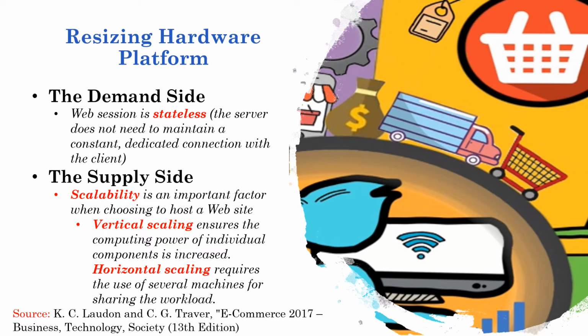On the supply side, it pertains to scalability, which is an important factor when choosing a host for a website. Scalability refers to a site's ability to increase in size as demand requires. There are three steps you can take to satisfy the site's service demands: scale the hardware vertically, scale the hardware horizontally, and or improve the site processing architecture.